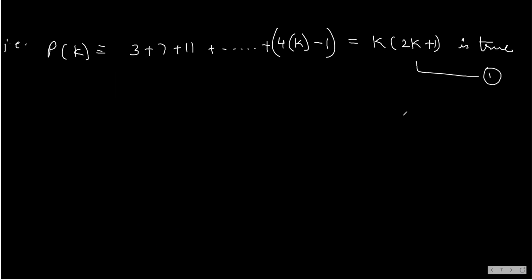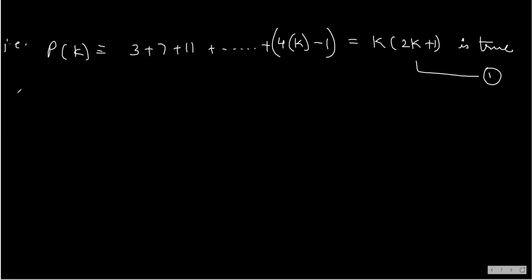Okay, this is my assumption. What is the assumption? The assumption is P of n is true for n equals to k. Now, using this assumption, I will prove that P of n is true for n equals to k plus 1.